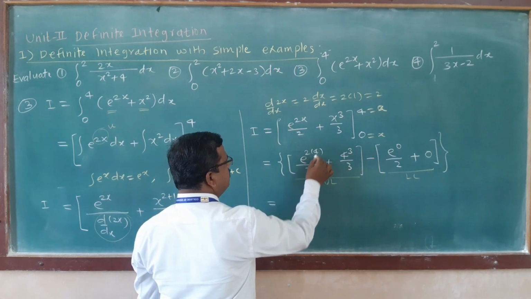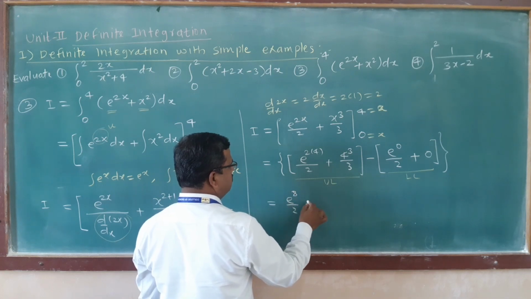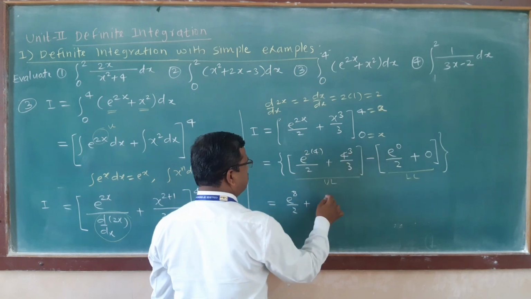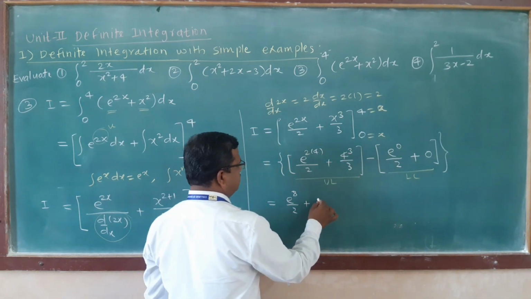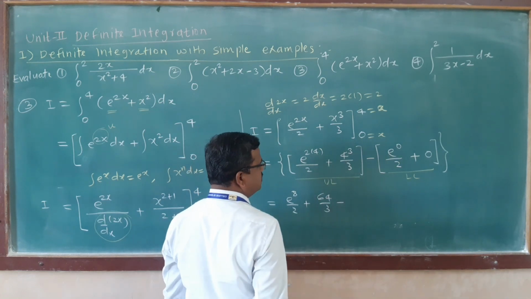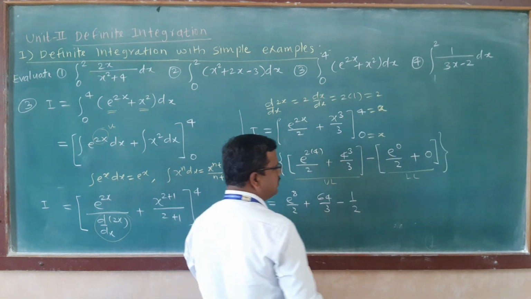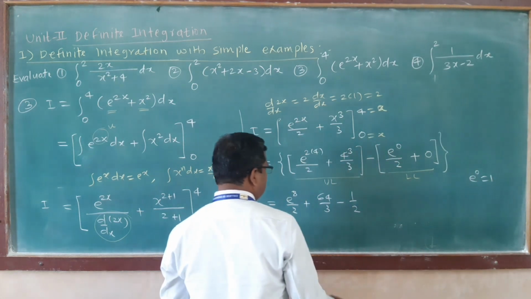This is e raised to 2 into 4, this will be e raised to 8 upon 2 plus this is a 4 cube is a 64, 4 into 4 that is 64 upon 3 minus this e raised to 0 is 1 upon 2. Remember this e raised to 0 is equal to 1.